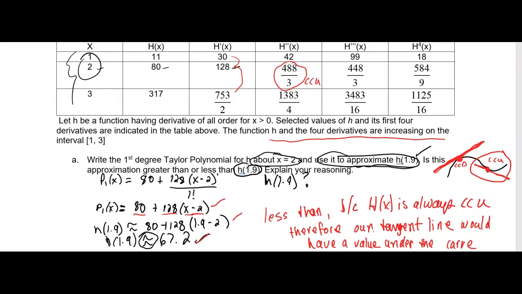Okay, something to that effect. Basically, just explain, we have a tangent line. The tangent line, if you are concave up, is underneath our curve. Therefore, the line value is going to have to be less than the actual value.